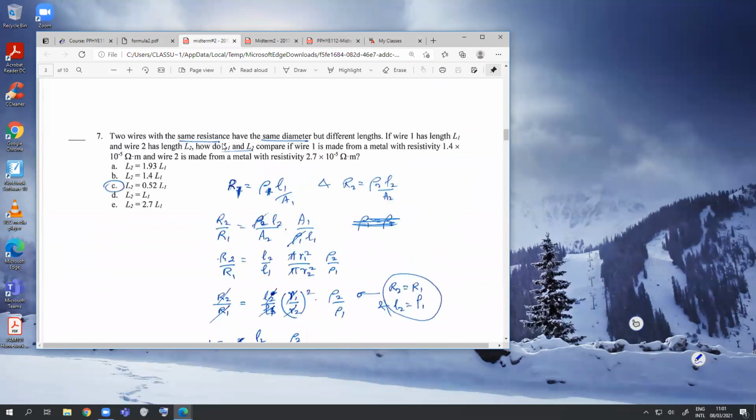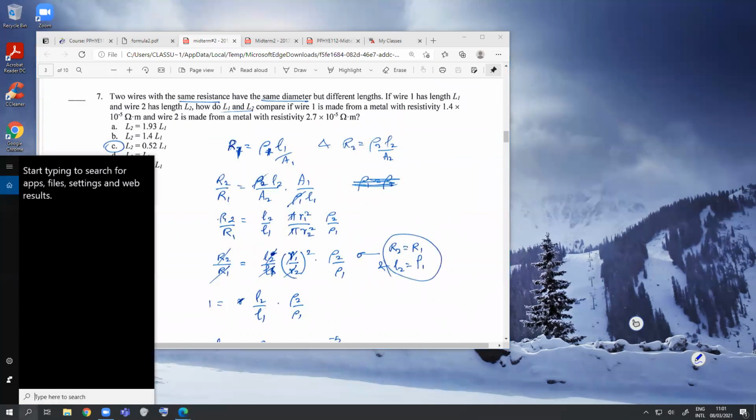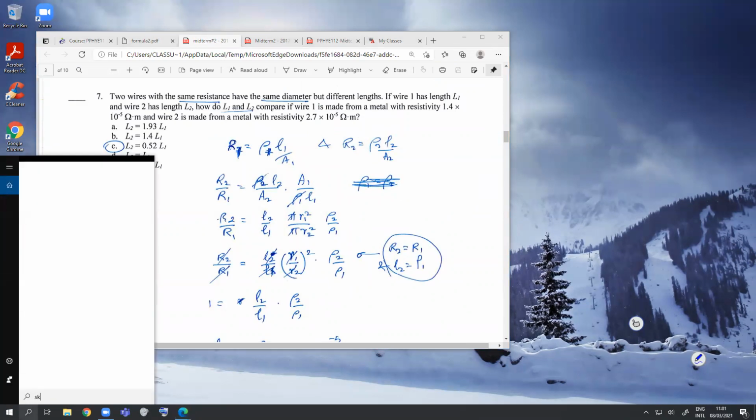Let me do it. Two wires with the same resistance have the same diameter but different length. Let me copy and paste it in the snip sketch.